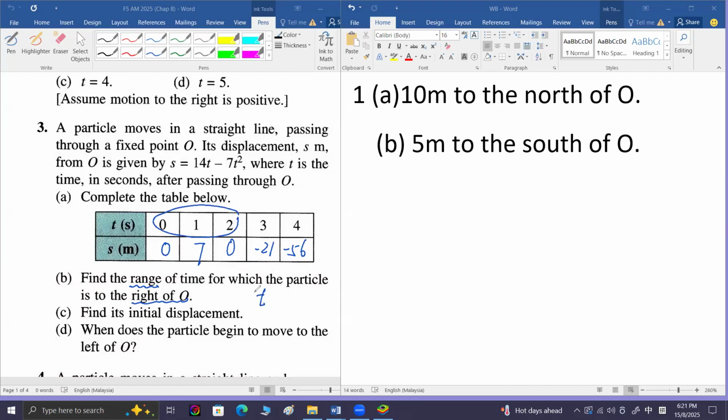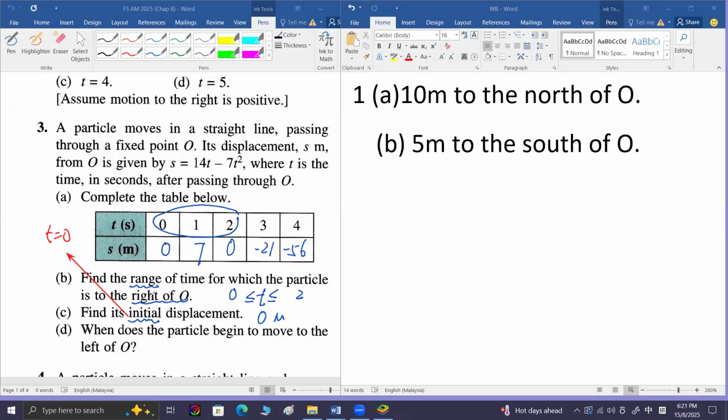So when you write, include 0 and 2. Again, when you see the word initial, take note. Always remember when t is 0. So when t is 0 here, the displacement is 0 meter.